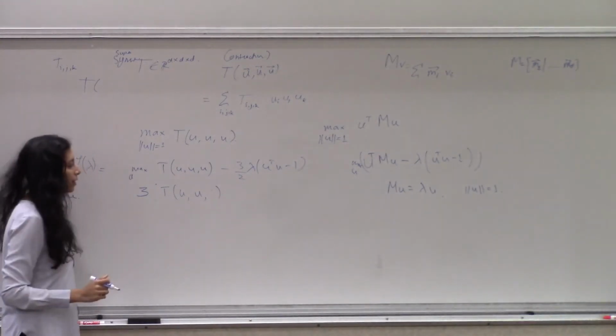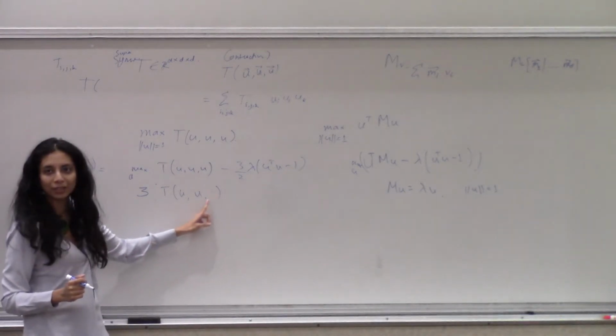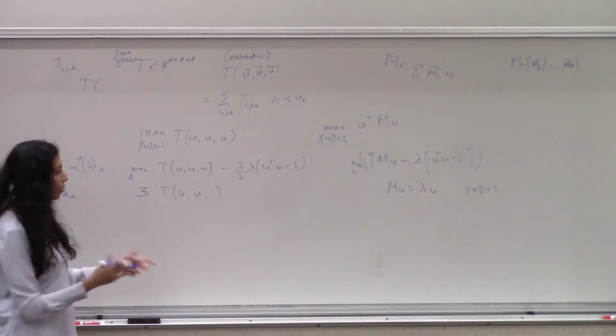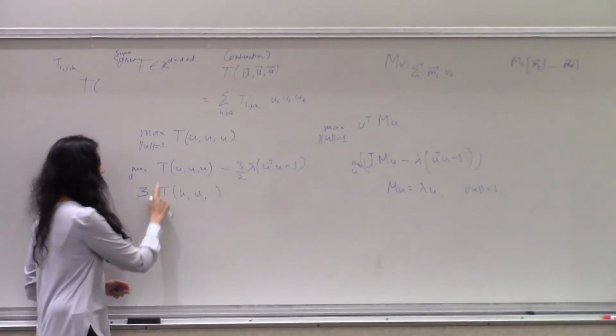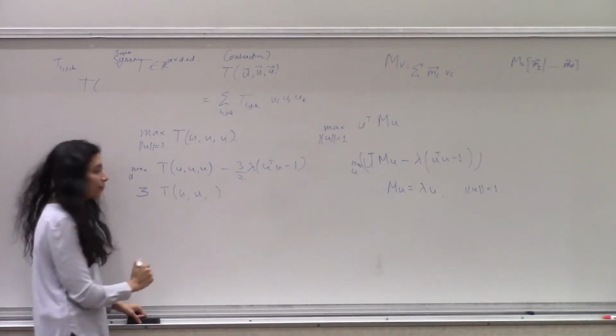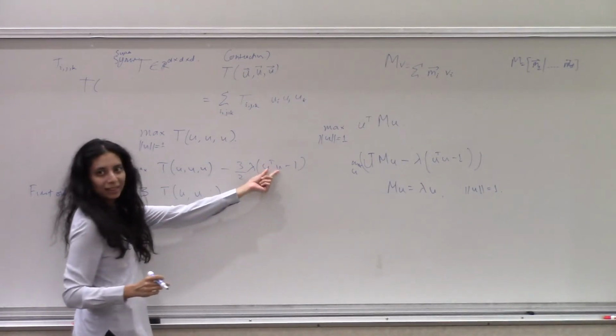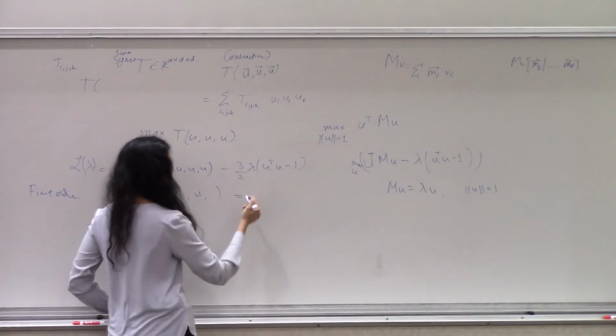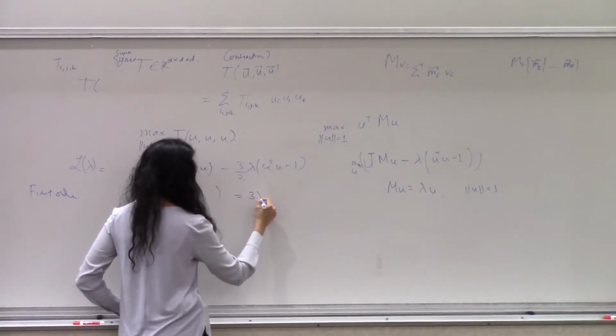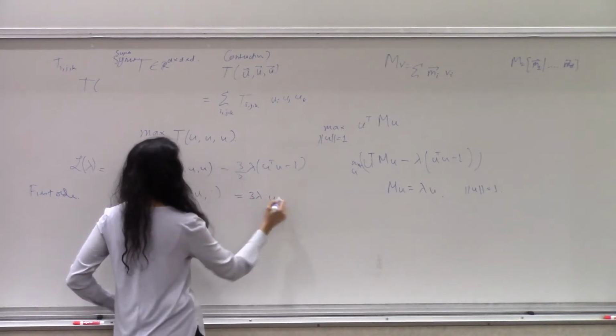In the sense that you're not operating on this mode, it was only these 2 modes. And they're all symmetric, so it doesn't matter which one you keep. And this was only twice because it's the norm square. So it's still 3 lambda U.